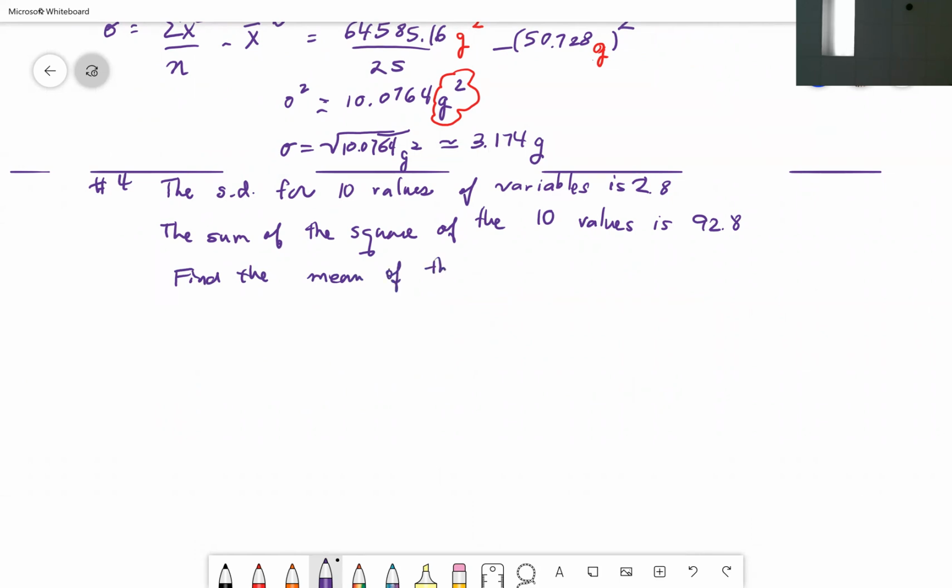So what you need to do first is decipher this from the writing in words, and write it out mathematically. So it says there's a standard deviation.